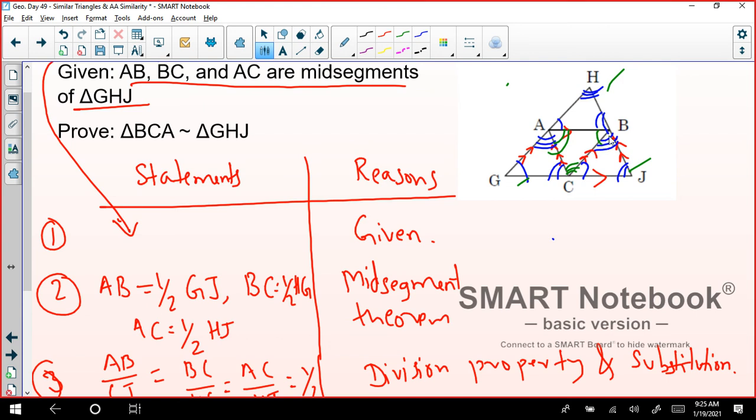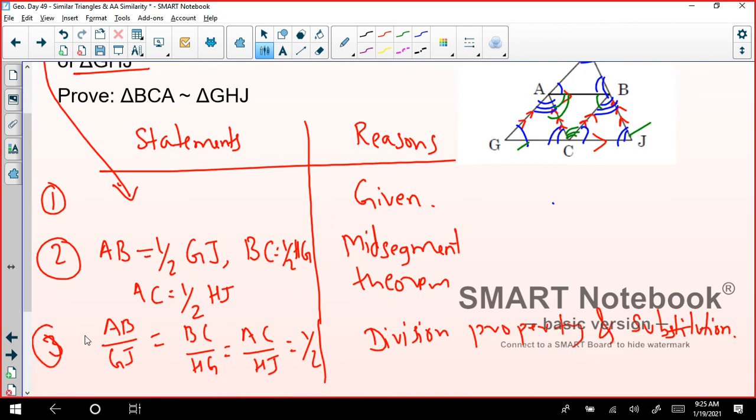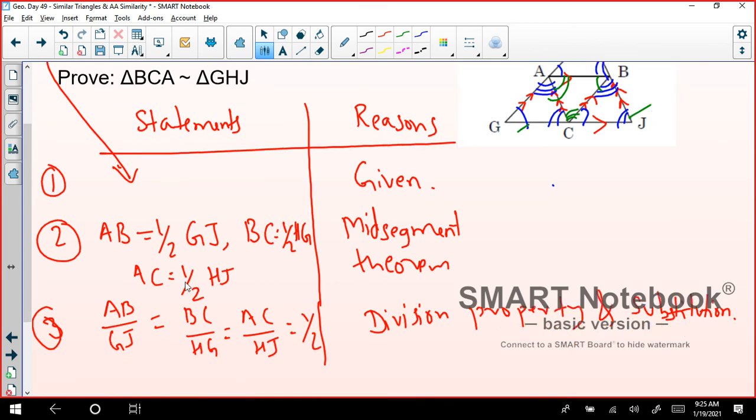And you can say that angle B is congruent to angle G, angle C is congruent to angle H, angle J is congruent to angle A. With a lot of simplification you'll be able to say that the angles are congruent. You can move till there, or if you get just this much, I'm quite happy with this, and you can further conclude that the two triangles are similar.